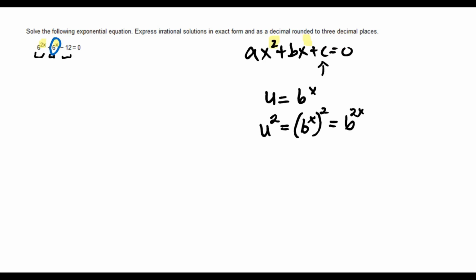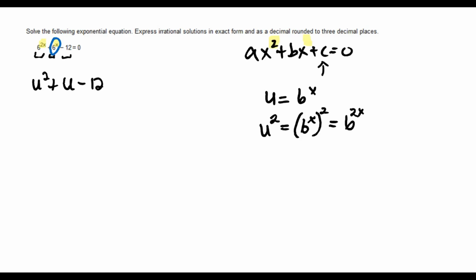So with this substitution, we're going to change our equation, which had those similar properties to a quadratic, and watch what happens when we make that substitution. The 6 to the 2x becomes u squared. The 6 to the x becomes u.